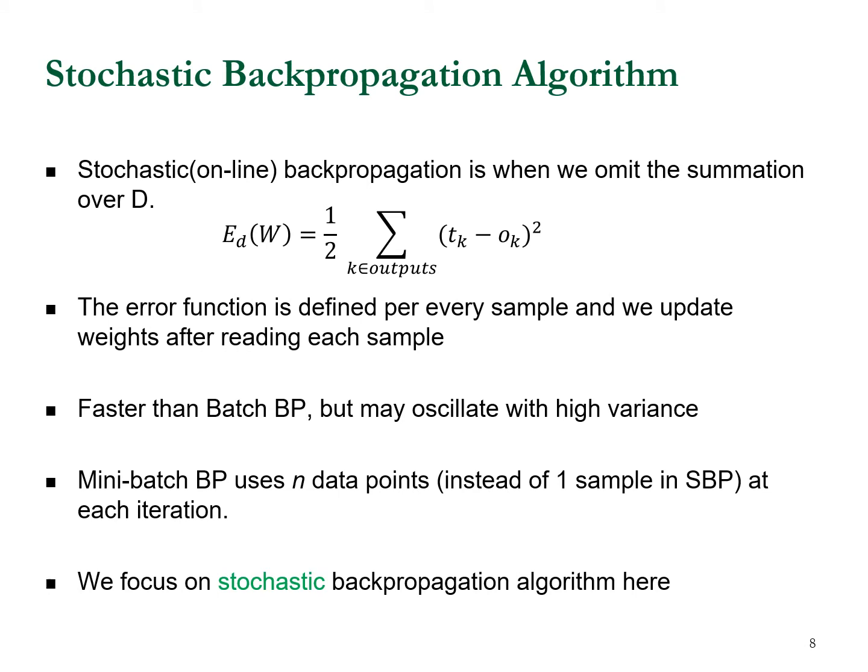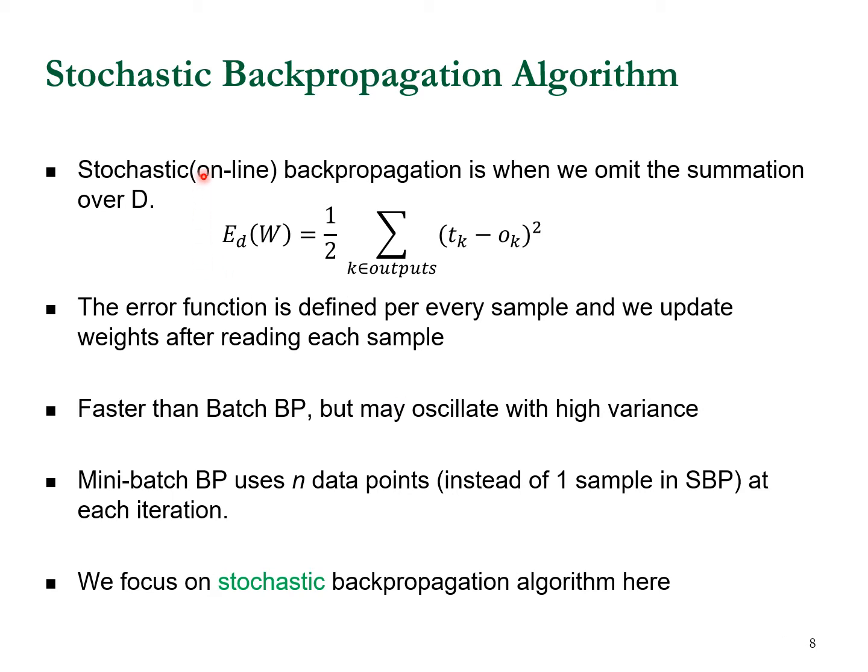The next one is the stochastic backpropagation algorithm. In stochastic backpropagation, it reads just one data and then updates the weight values of the network. In batch backpropagation, on the other hand, it reads the entire data and updates the weight values in the network. That is the difference.